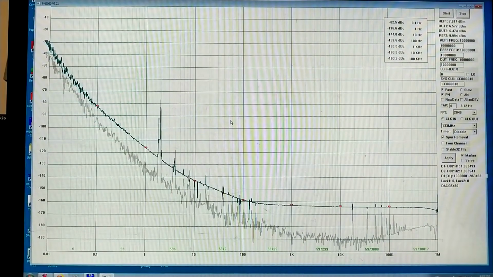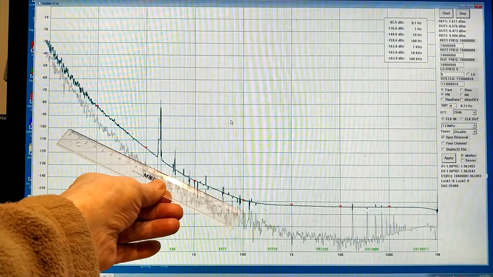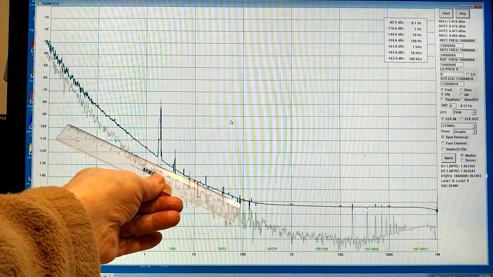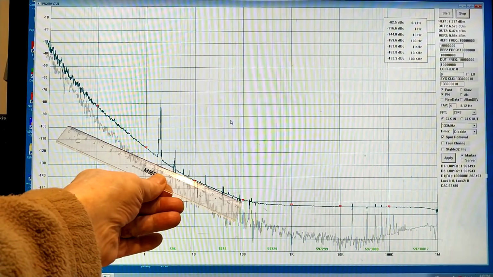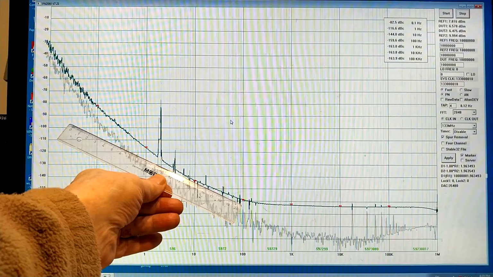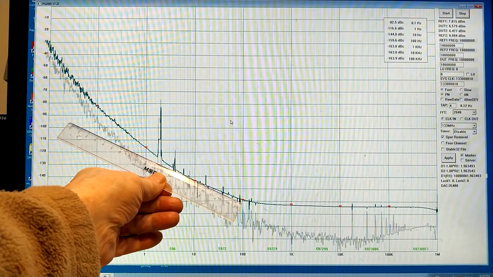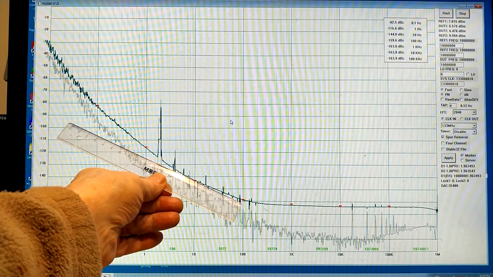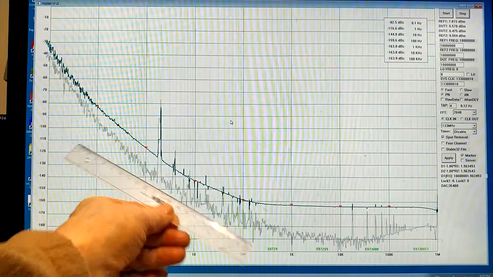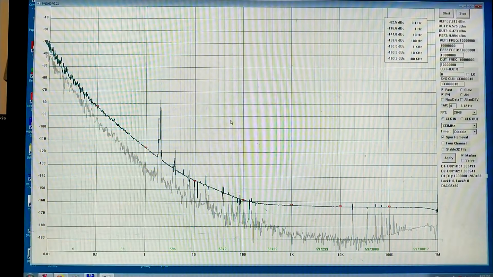The idea is that the F-2 flicker noise with this slope is amplified at 1 Hz due to the feedback. So I need to bring this line down, and then this curved line will follow down also.